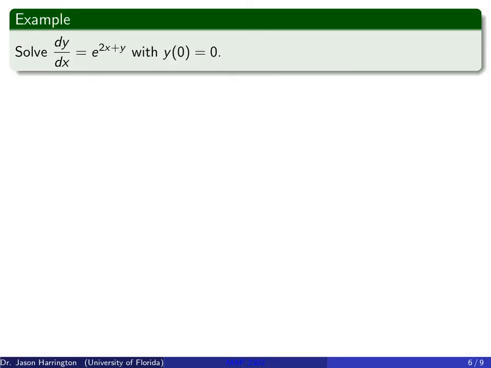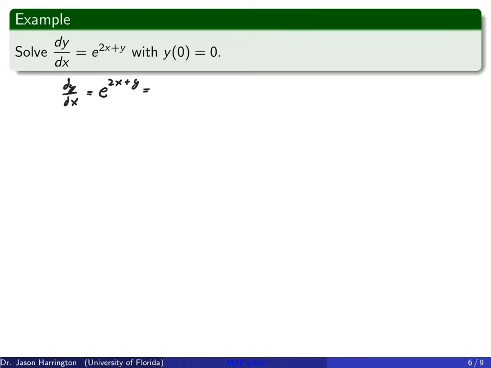Now this next example, I want to solve dy over dx is equal to e to the 2x plus y, with the initial condition y of 0 is equal to 0. So I'm going to write dy over dx is equal to e to the 2x plus y.